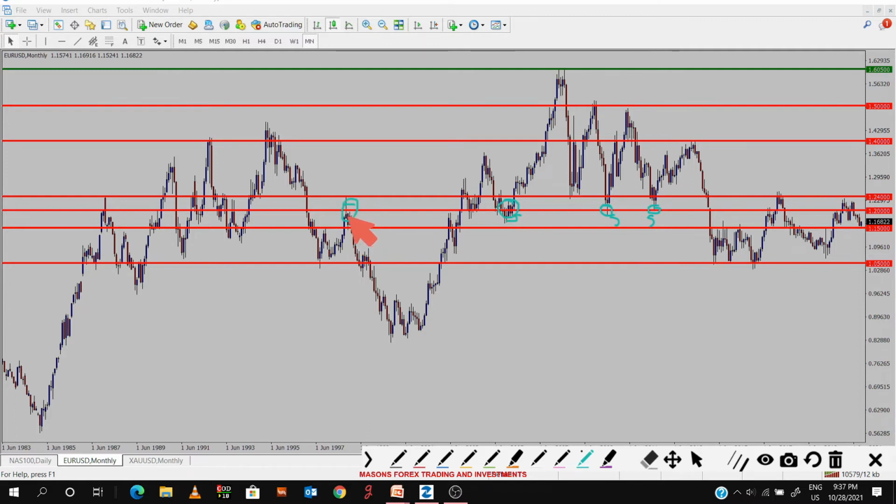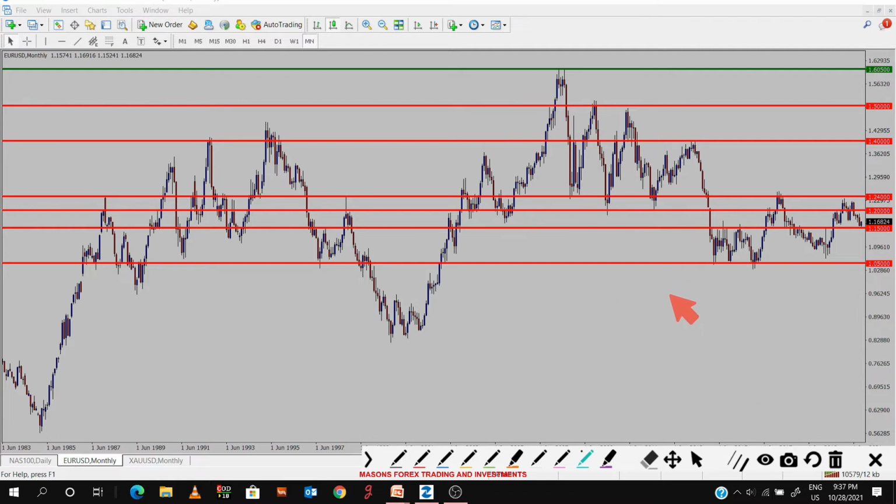Another resistance level right here. Also have support here. Another resistance level. You can see some resistance there. Some resistance there. You can see how relevant the level is.